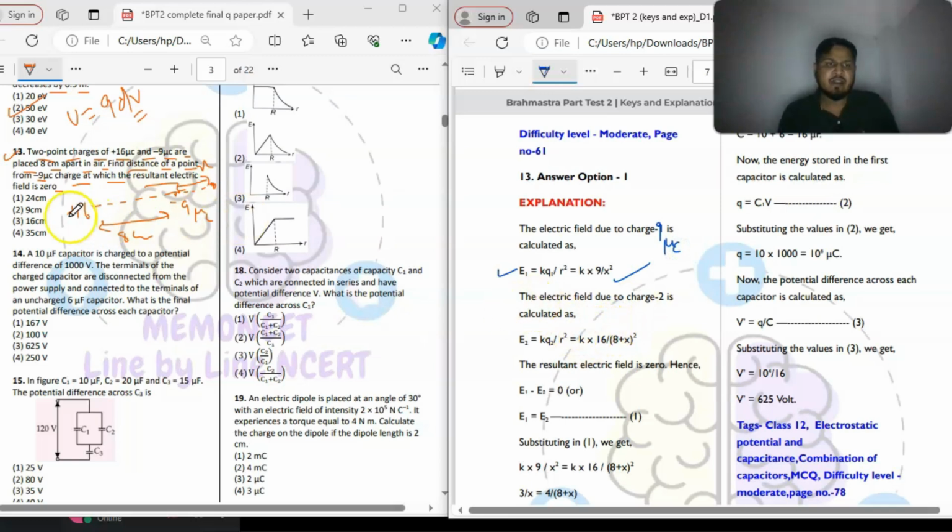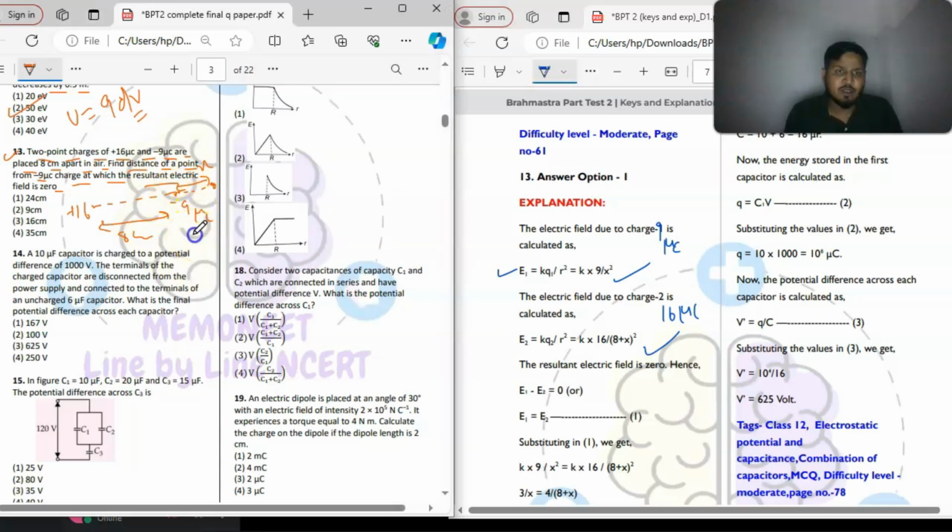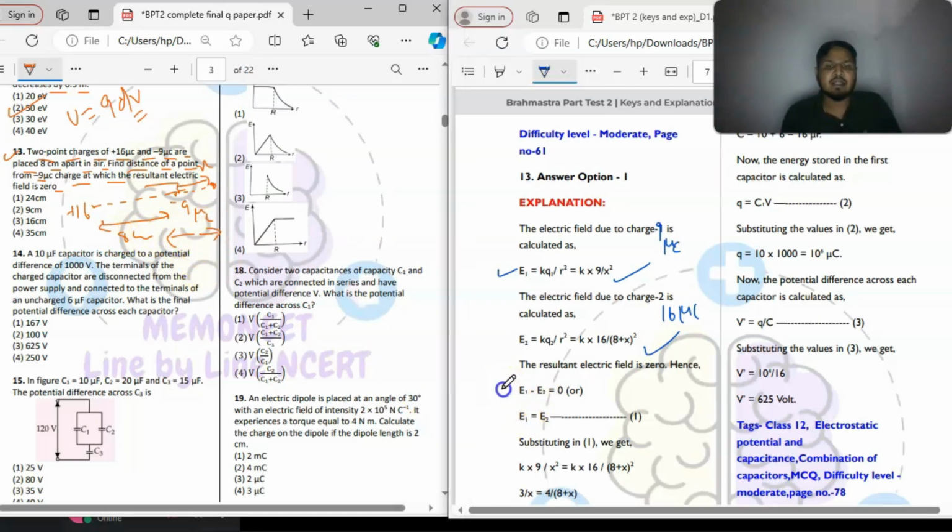Now the electric field due to the plus 16 microcoulomb charge is k q2 by r square, that is k into 16 by (8 plus x) whole square. Because of this, the electric field is towards left, and because of the other, towards right. So E net is E1 minus E2, equal to 0.